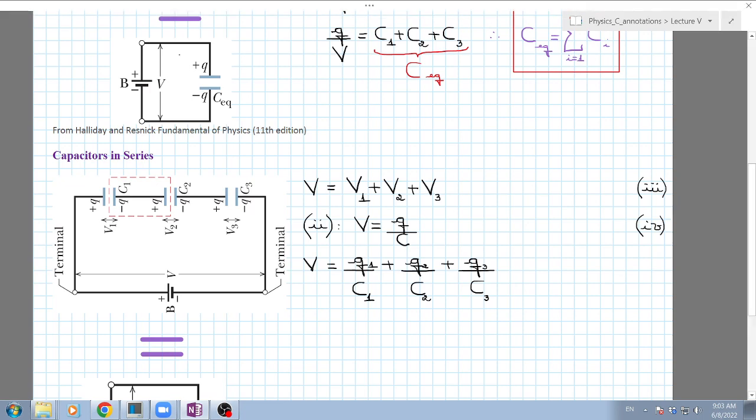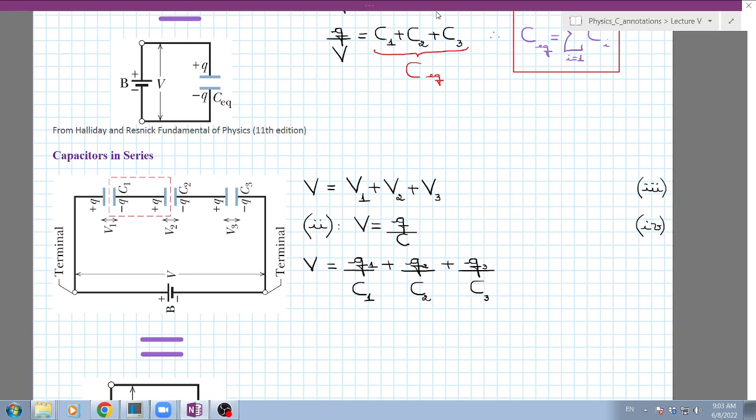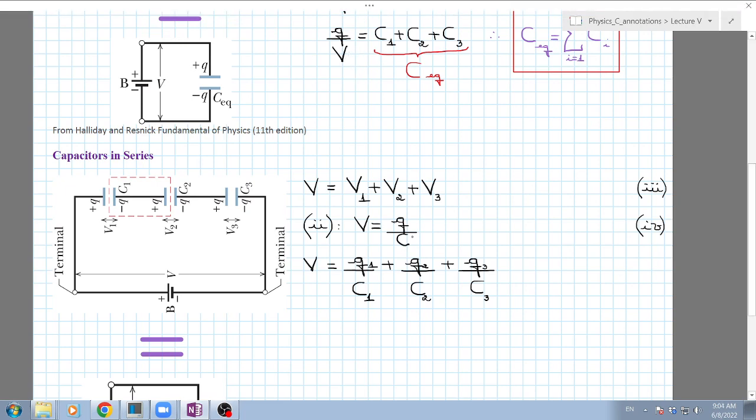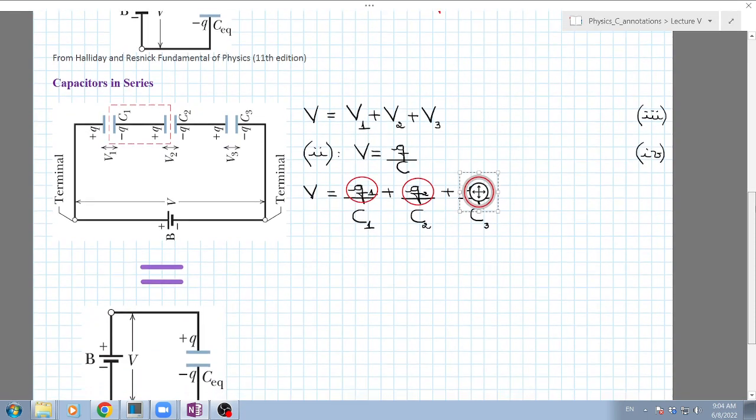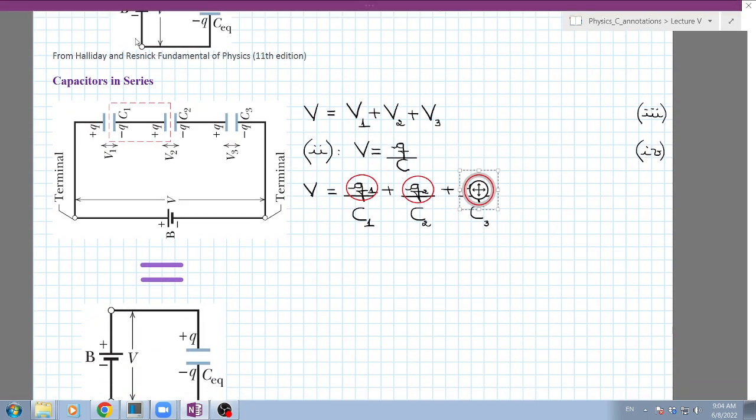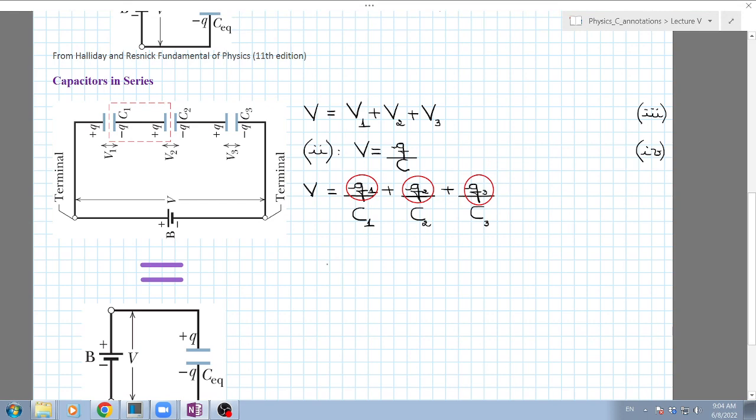That means that for all three, the charge is the same, and we can call it just Q. You can put this in evidence, and here we have 1 over C1, 1 over C2, 1 over C3.